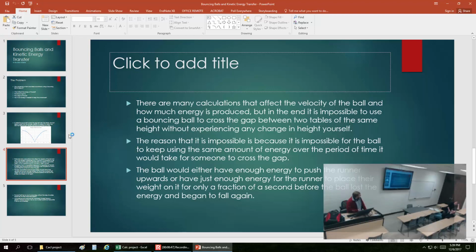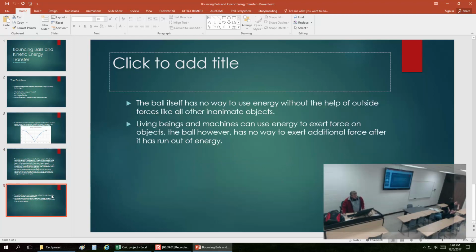So the ball would either have enough velocity to push the person upwards while he was moving forwards, or it would drop out from underneath him. But because the ball has no way of exerting energy by itself, it wouldn't be able to stay in the same position as the person crossed over it.